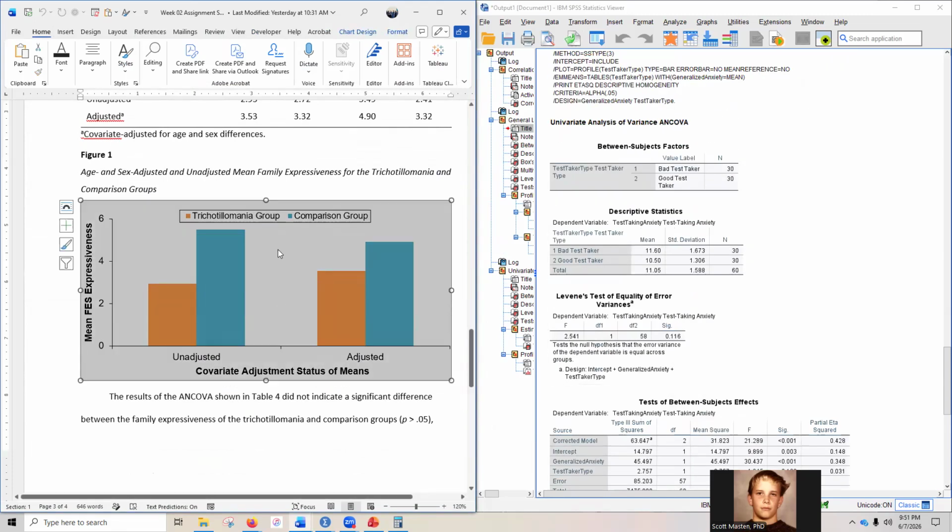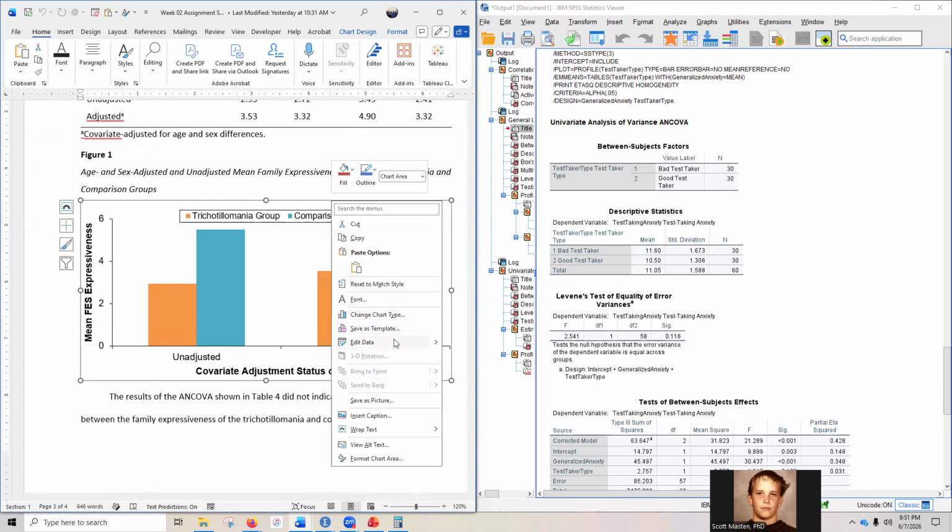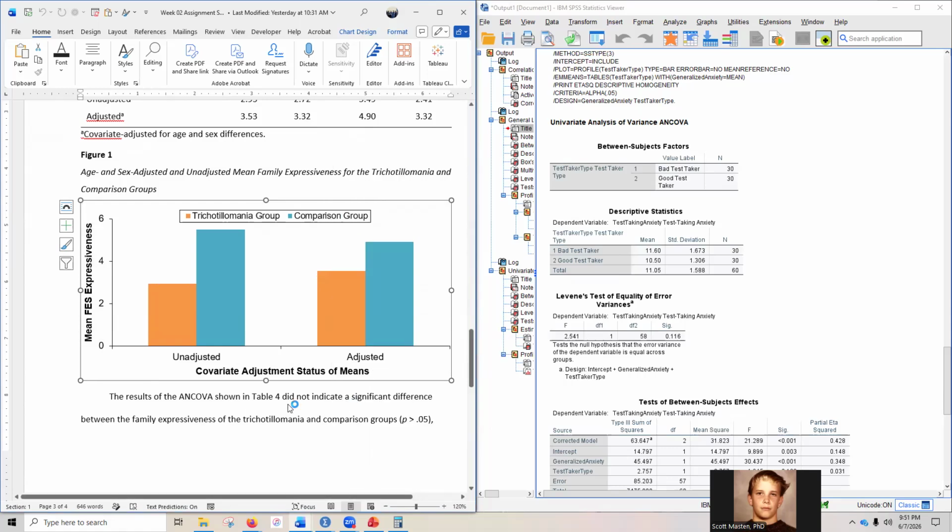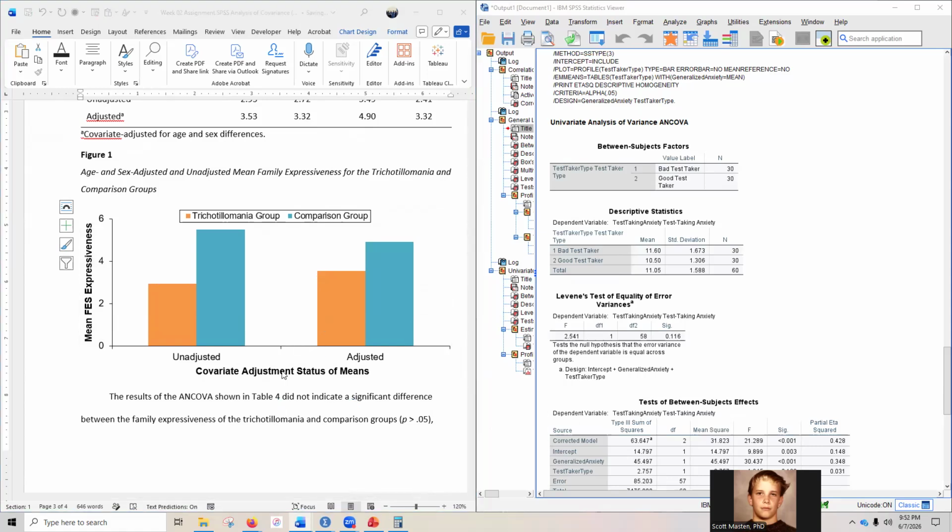So in order to get this plot into your APA write-up, what you want to do is click on the outside of the plot that's in the template, right click, and go to edit data. I can do it in either Word or Excel. I'm just going to do it in Word. Instead of using a plot that comes out of SPSS, you want to use the plot.